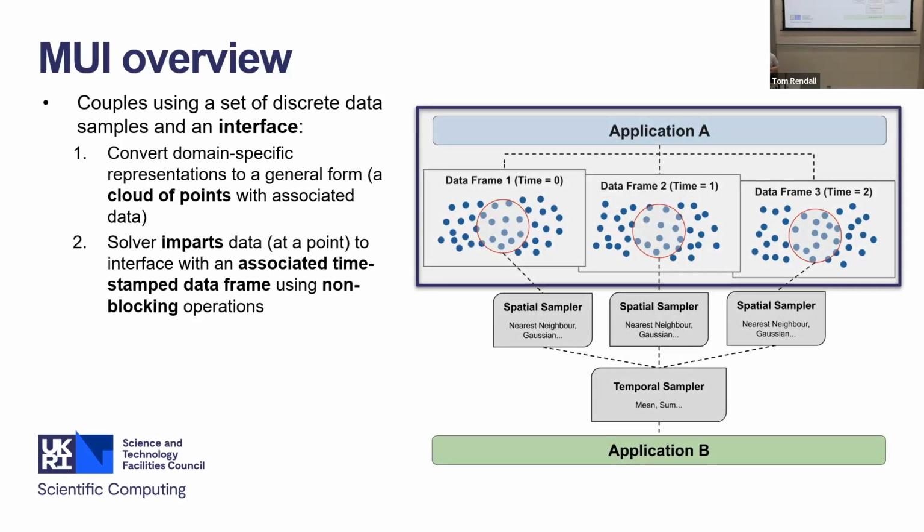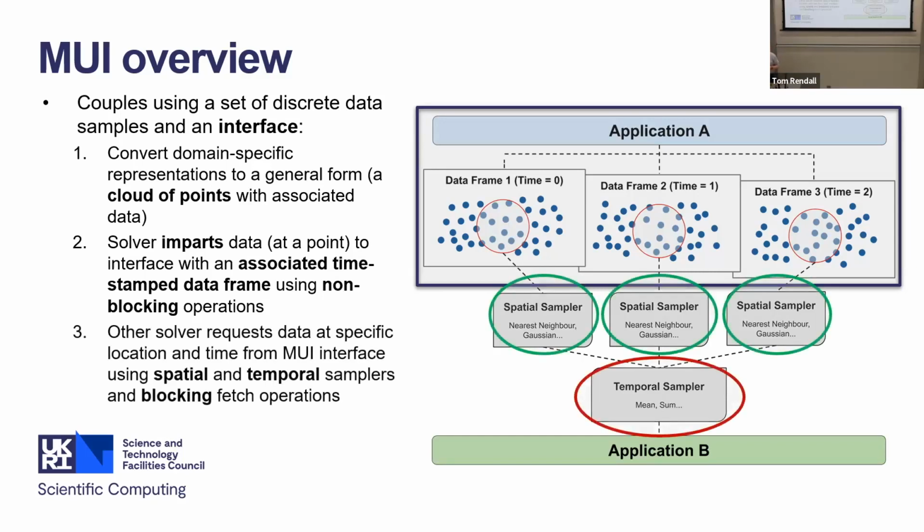With an associated timestamp data frame using non-blocking operations. That's quite an important thing. So MUI is a non-blocking send, blocking fetch library, and that's how it allows you to create a synchronized coupled simulation. This cloud of points can be very, very large and has a data frame encapsulating it. So there's a timestamp associated with each of these clouds.